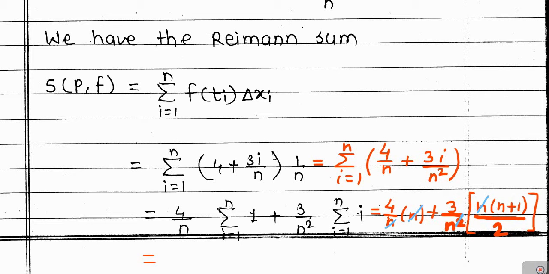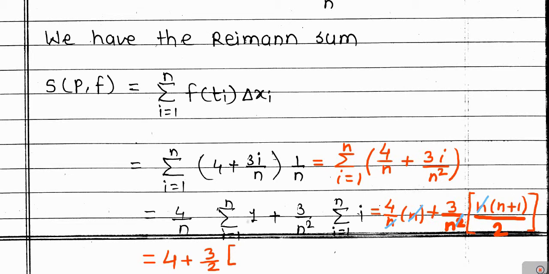So this will be equal to, obviously, the first term simply 4. Then plus the second term, which is now 3 by 2 into what is remaining. From n plus 1 we have taken n common, and that n is cancelled with the n of the denominator.